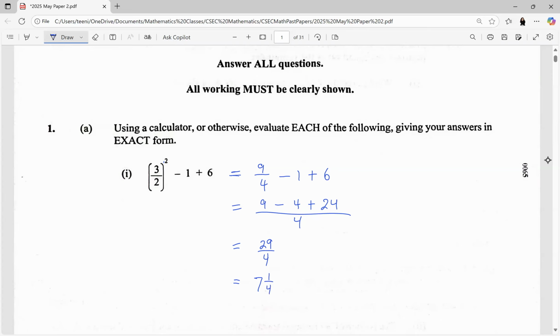Now let's use our calculators and see what we get for this one. Everybody type it in your calculator and tell me if you get 7 and a quarter. You can actually type in 3 over 2 squared, but you have to put it in brackets as it is expressed here. Do you all know how to enter a fraction on your calculator? No, miss. Okay, what kind of calculator do you have?